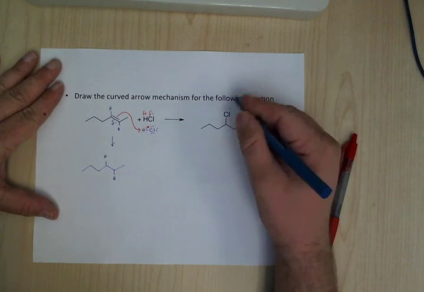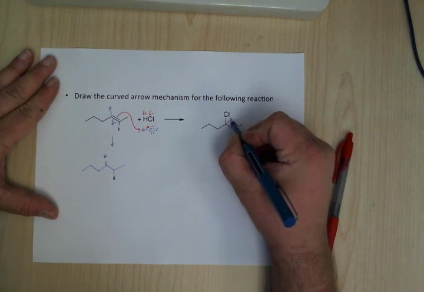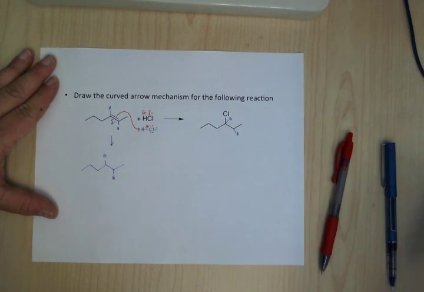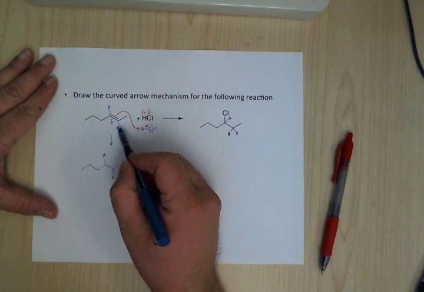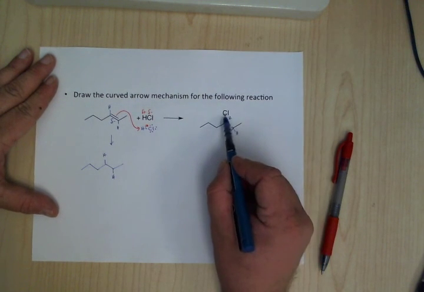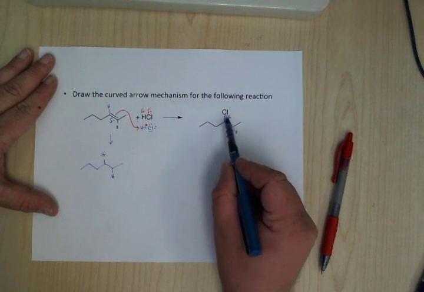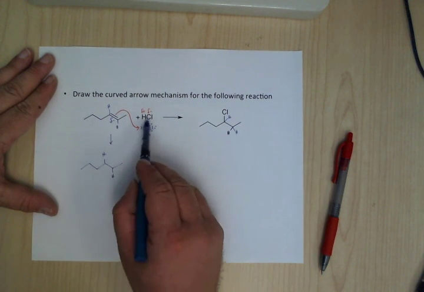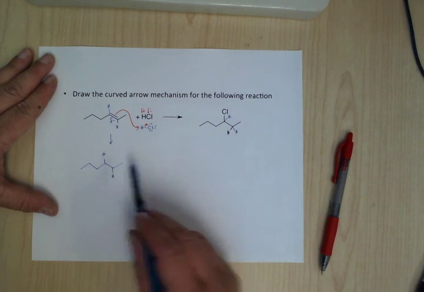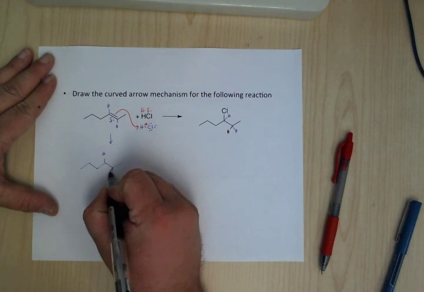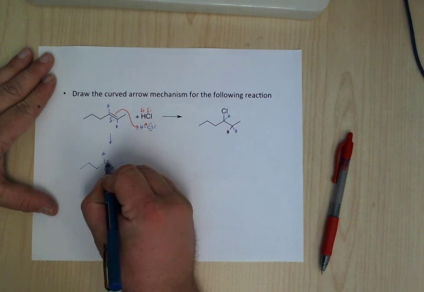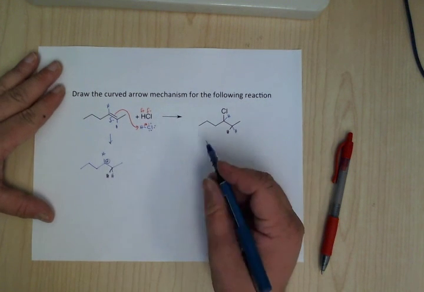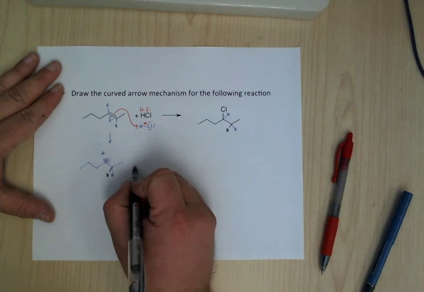And notice here, here's the hydrogen. So you had 1 hydrogen, 1 hydrogen. Now we have 2 hydrogens and a chlorine and a hydrogen. So this hydrogen and chlorine came from here. So we're going to say that hydrogen is going to go here. And since this carbon has only 3 bonds to it, it has a positive formal charge.